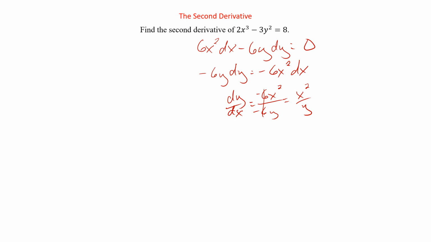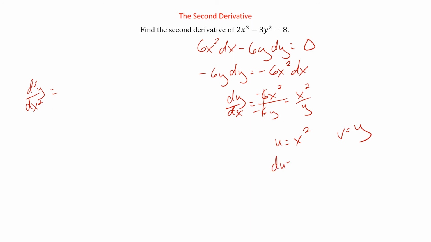So the second derivative, I'm going to move over here, d squared y over dx squared. We're going to take the derivative of what we have, the x squared over y. X squared over y, that's product or quotient rule. So we'll have u equals x squared, v equals y.